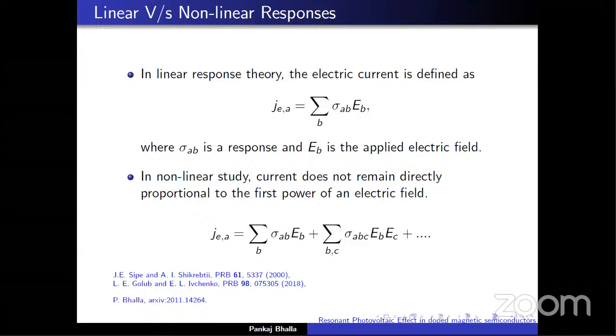However, in the nonlinear response, one cannot stick to this and has to go beyond this definition. Say we go to second order, which is proportional to the second power of the field. Similarly, the third order is proportional to the third power of the field, and so on. The tensors will also be of second rank, third rank, fourth rank, and so on.